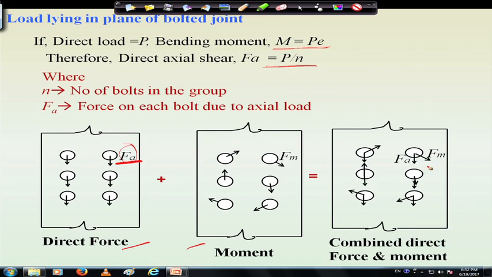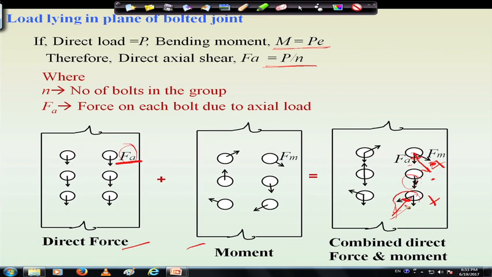So, if we add this direct force and moment, we can find out the combination of these. The things whatever I have drawn there, I have shown again here: if Fm is this and Fa is this, its resultant will be in this direction. Similarly, here the resultant will be just simply adding, and here again it will be adding. Out of these 6 bolts in this particular case, the extreme case will come either at this one or this one, because this bolt and this bolt have similar magnitude, as the theta will be the same here.